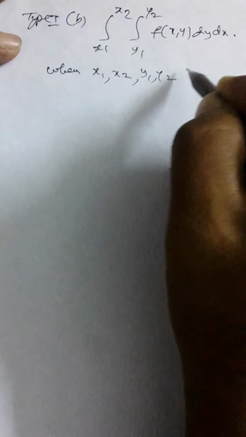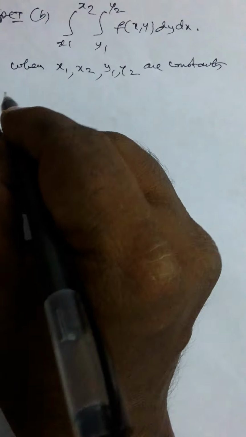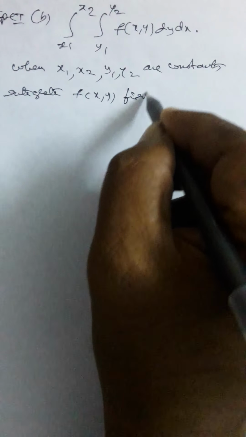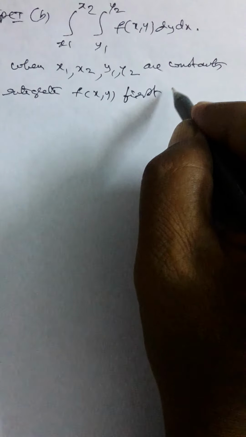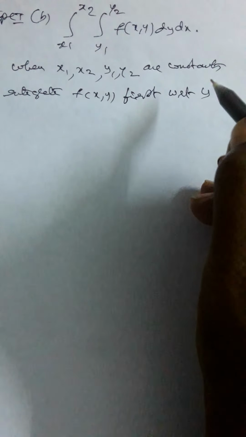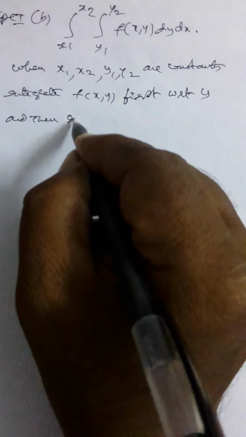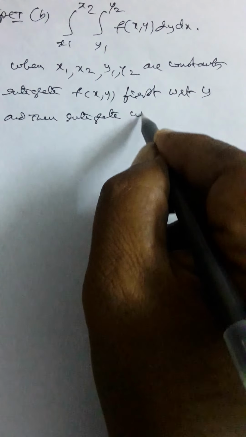When x1, x2, y1, y2 are constants, integrate f of xy first with respect to y, and then integrate with respect to x.